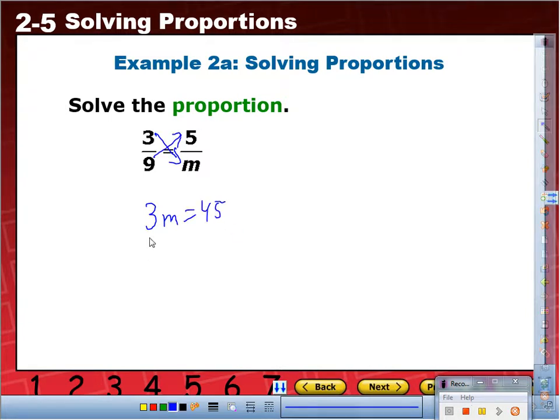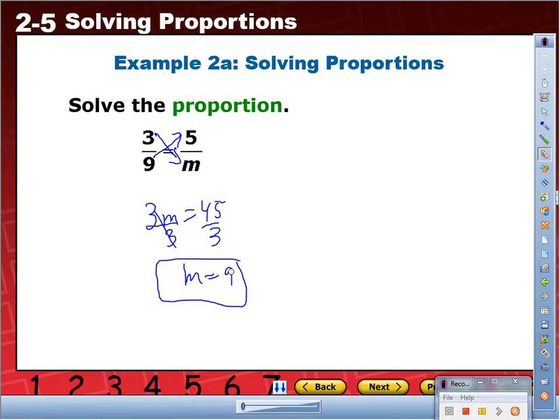To solve, we divide by 3, divide by 3. M equals 9. Hands if you got that. No. What is 45 divided by 3? 15. Hands if you got that. Okay, good. All right, let's continue.